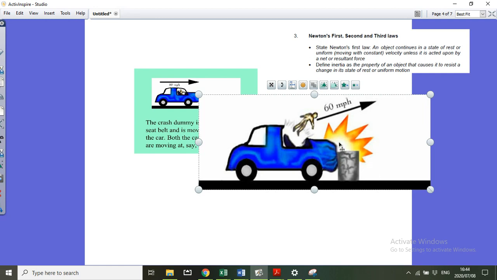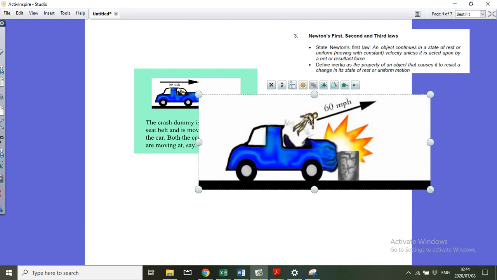So the net force acted on the car and not on the dummy, and therefore the dummy will continue at its constant velocity of 60 miles per hour in a forward direction. So if you say that the dummy starts to move, that's very wrong, because it was moving already. It wasn't in a state of rest. It was in a state of motion.